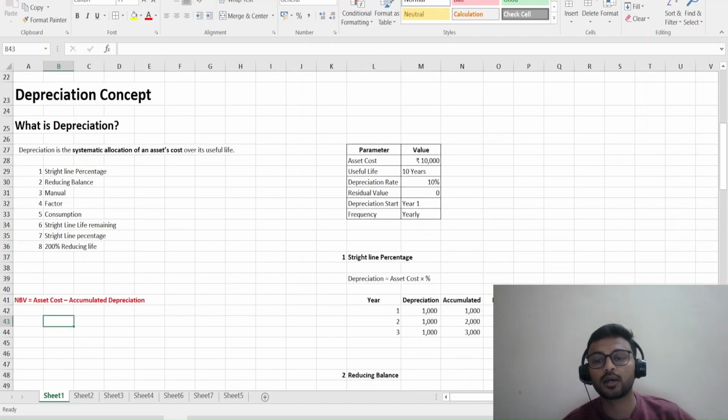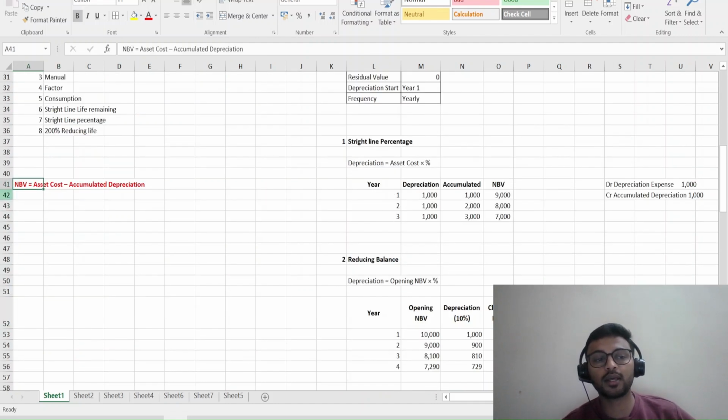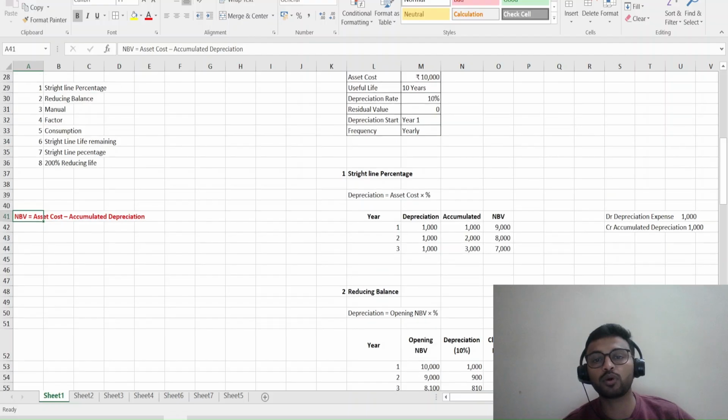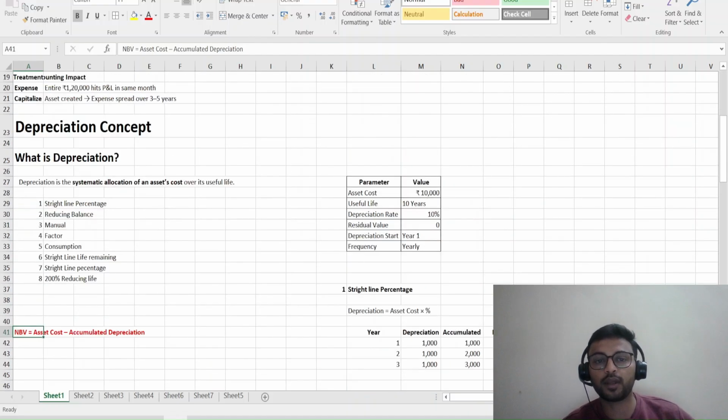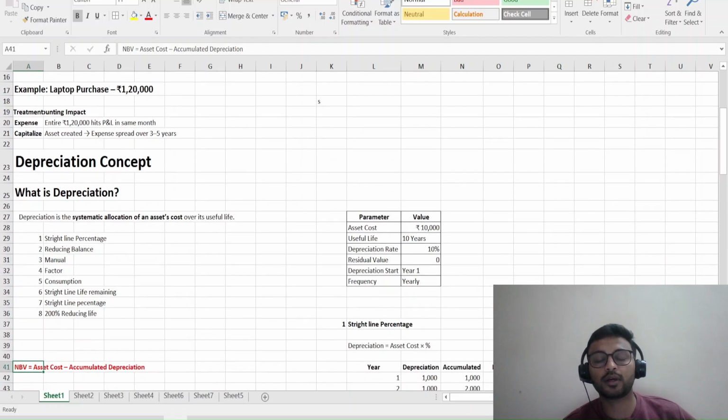NAV is net asset value, or you can call it NBV, that is net book value. Both are the same. This terminology is important before we understand the fixed asset and do the setup of the fixed asset. On the basis of this terminology and this knowledge, you will implement the fixed asset very easily.